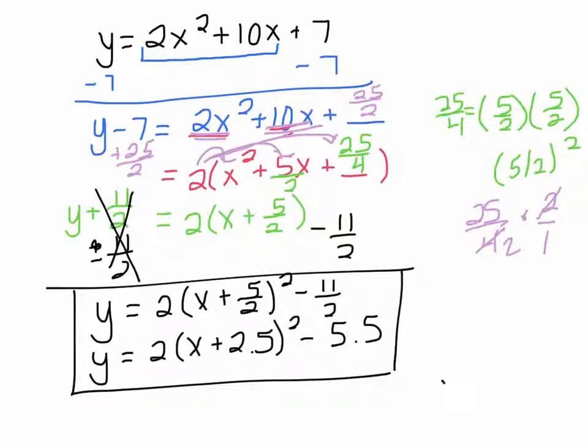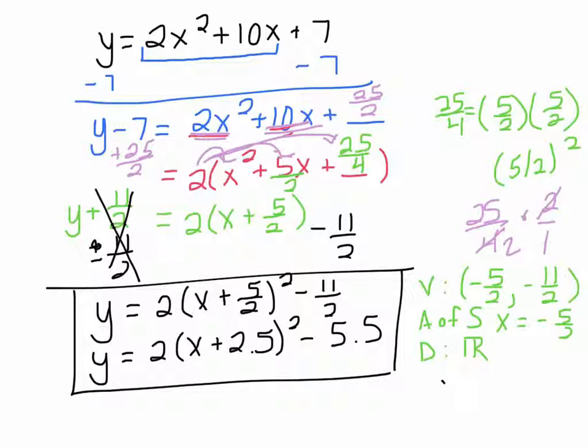There's vertex form. From vertex form, I can state that the vertex is the opposite, which is negative 5 halves, comma, negative 11 halves. The axis of symmetry is x equals negative 5 halves. The domain is all real numbers.